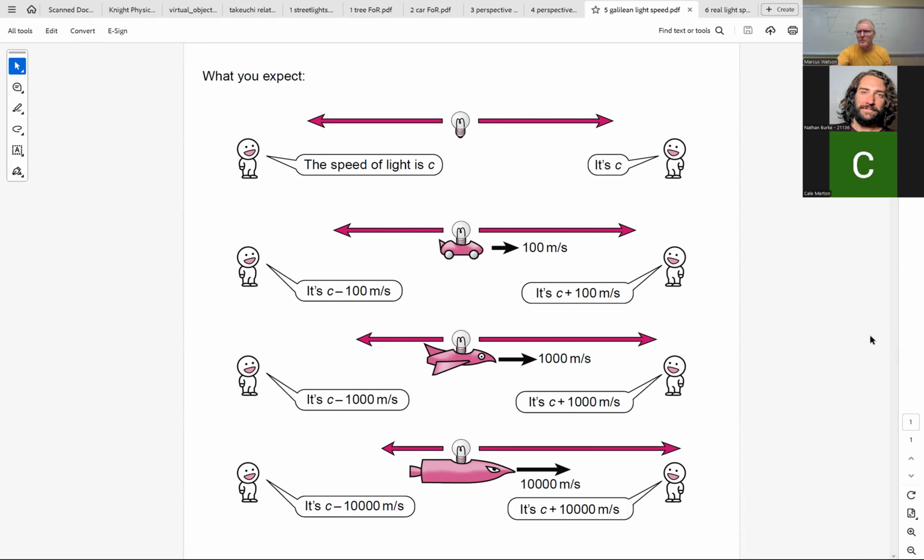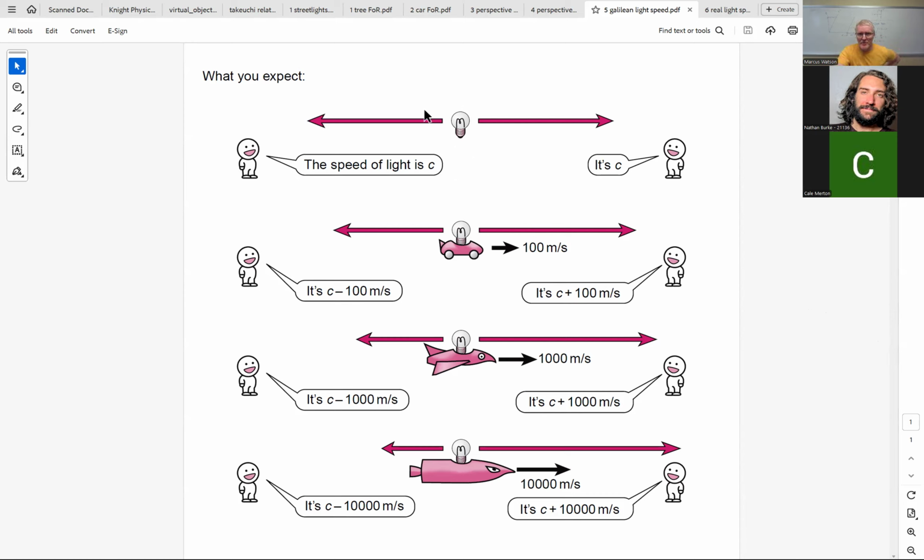Here we go. This is what we expect. Here is a light bulb, initially at rest in the tree frame, and we put it on a car, and now it's at rest in the car frame. So what does an Earth observer, like a tree observer, see when light is emitted by the light bulb?